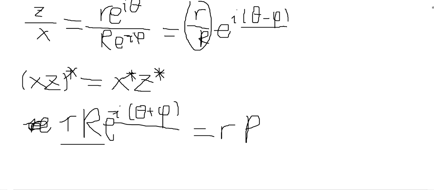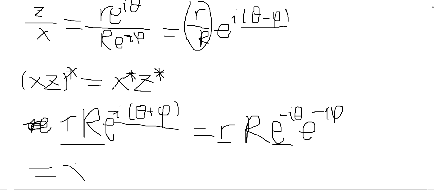And what we do is try to expand this into e to the minus i theta times e to the minus i phi. So maybe you realize some pattern here. r times e to the minus i theta is the complex conjugate of z, while big R times e to the minus i phi is the complex conjugate of x.